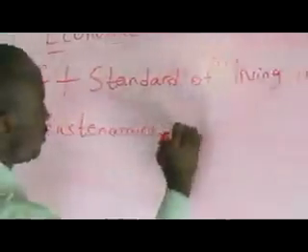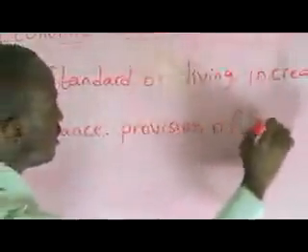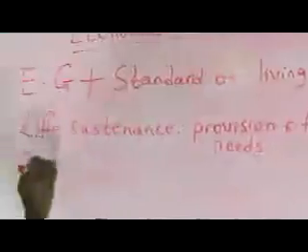For us to know whether we are developing, there are three major components of development. The first component is life sustenance. By life sustenance, we mean the provision of basic needs. The second component of development is self-esteem.